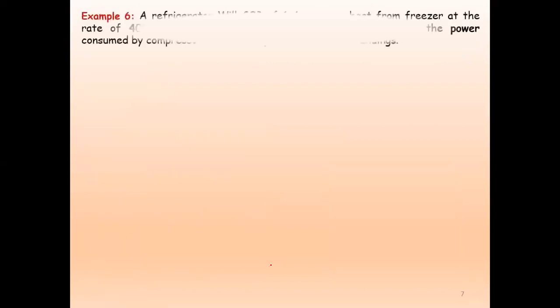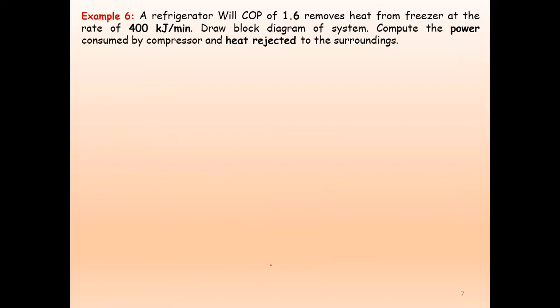Then we have the last problem. A refrigerator with a COP of 1.6 removes heat from the freezer at a rate of 400 kilojoule per minute.